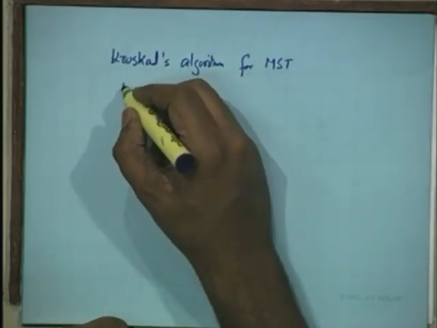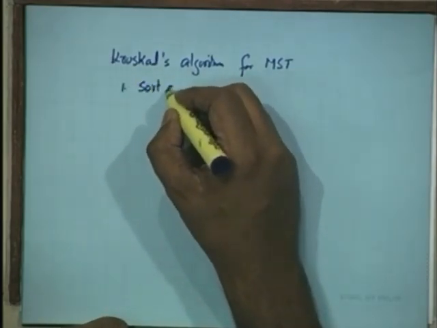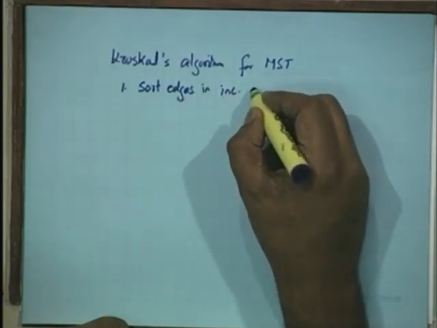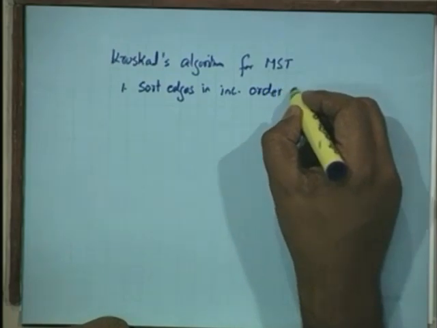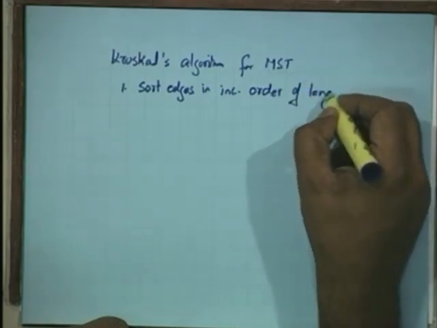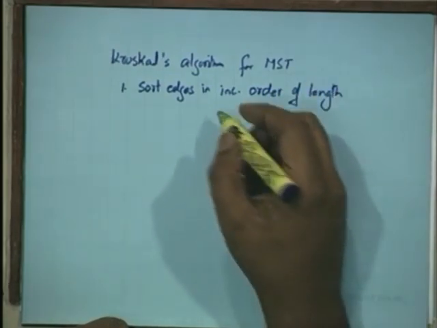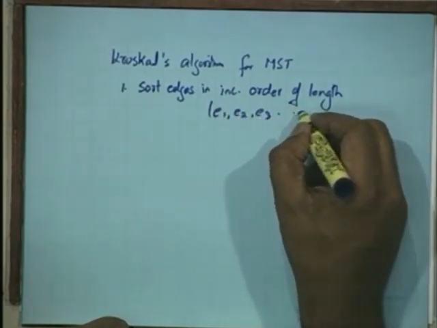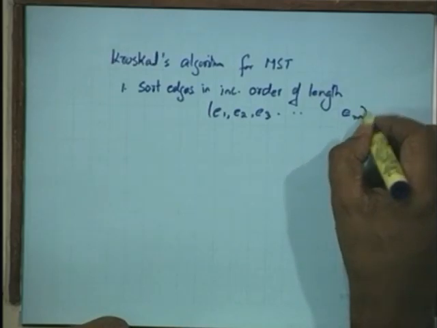Okay, so let's say the very first step is sort edges in increasing order of length. Right, and let's say this order is E1, E2, E3, ..., EM.